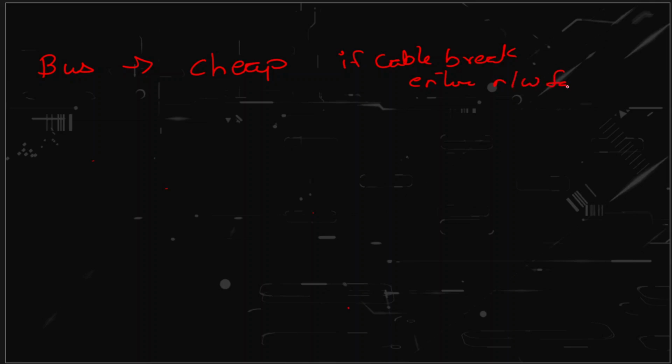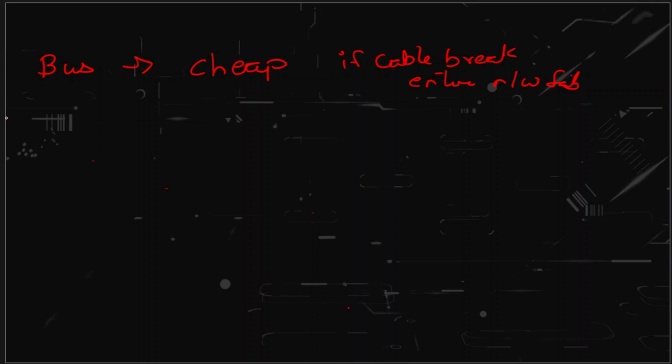So the summary, if you see, bus topology: it's cheap. If a cable breaks, the entire network fails.